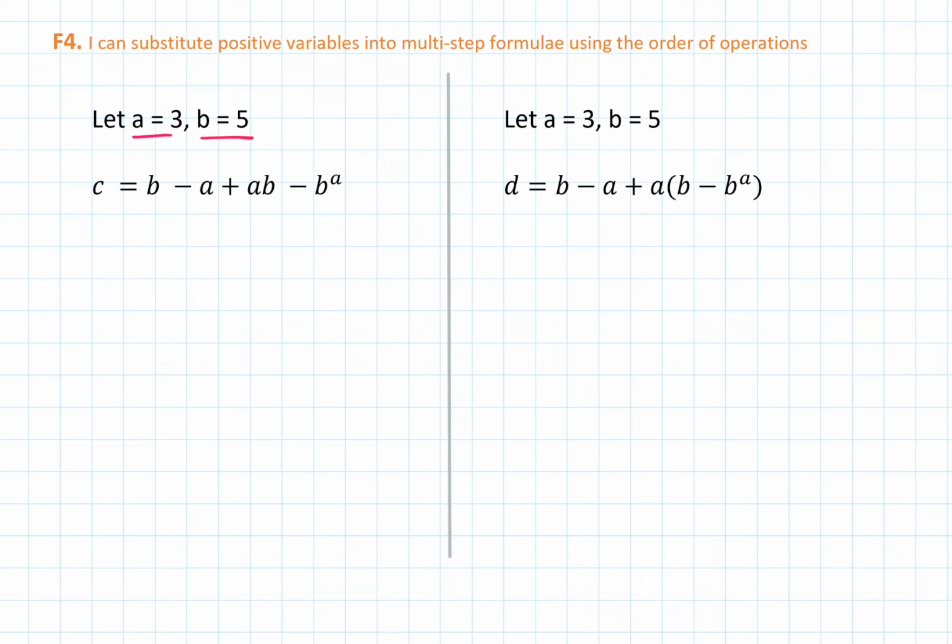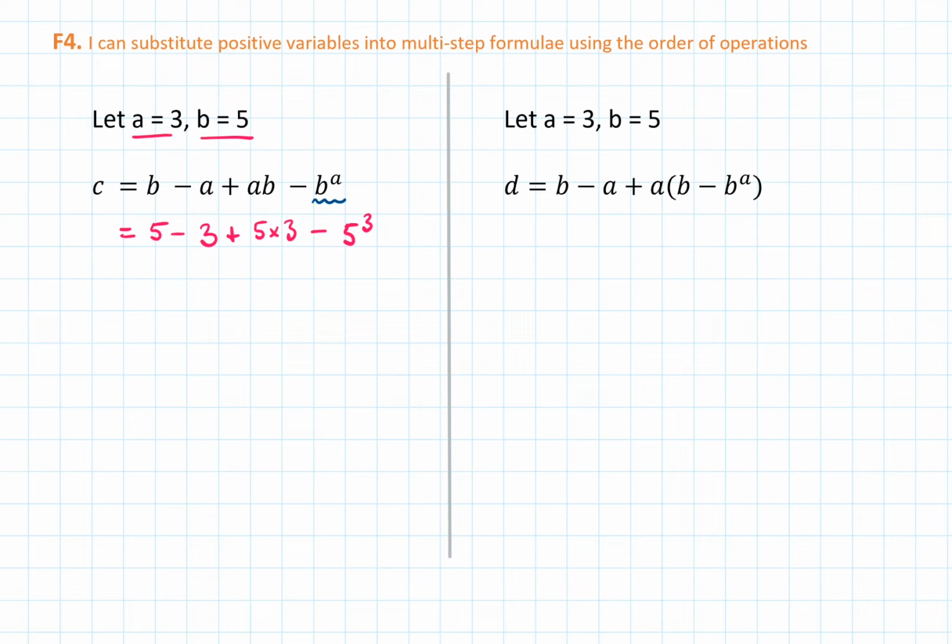Let's substitute. C equals 5, take away 3, plus 5 times 3, because AB is multiplication, take away 5 to the power 3, because B to the power A means 5 to the power 3.